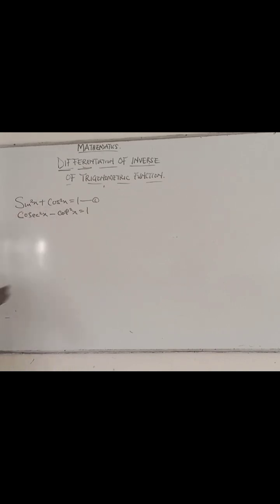And the third one is sec square s minus tan square s is equal to 1. So those are the identities, the method we are going to be using whenever we get there. That's going to guide you when you are dealing with inverse of trigonometry function.